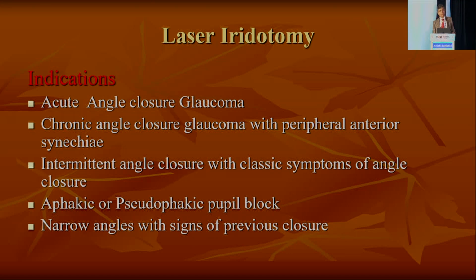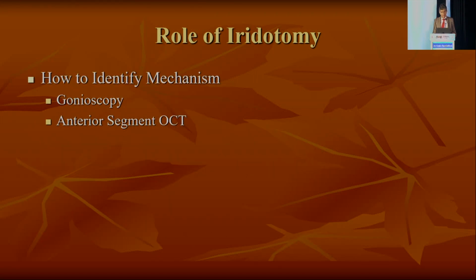In a phakic or pseudophakic eye, if you can identify a pupillary block because of a synechia, then an iridotomy is definitely useful. In narrow angles with signs of previous closure, where you get pigment clumps, which are very indicative of intermittent angle closure, an iridotomy is useful.